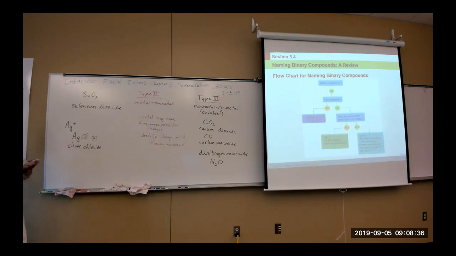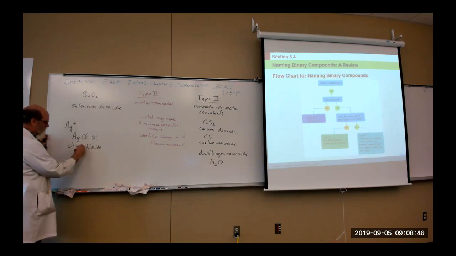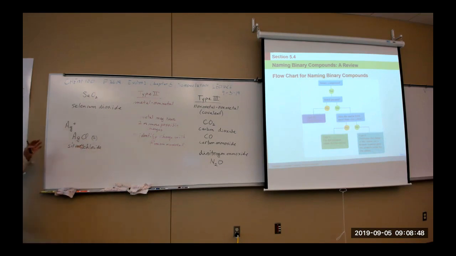But for simplicity's sake, if it comes from here, you can say what the charge is, and I'll count it right. So you can say silver 1 chloride, and I'll accept it. Because silver comes with the transition metals, and to minimize the number of exceptions you have to memorize, you can say silver 1 chloride or silver chloride, either one works.